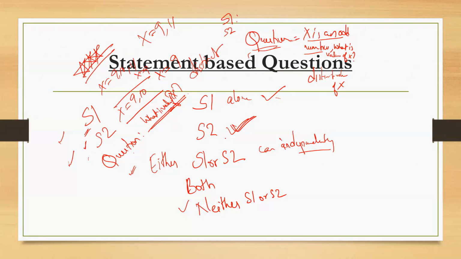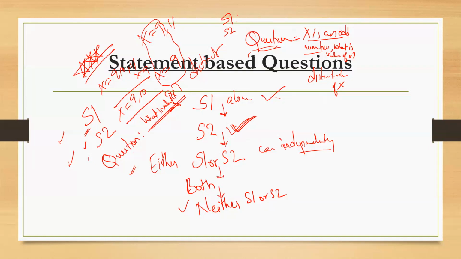Okay, there might be students who will say, sir, if we merge both of them, if I take both statement 1 and statement 2 together, still I will get what? The value of x as 9 itself, because there is only one value of x which satisfies both the statements. But that is the reason I am telling you, you should remember the order in which you have to select your answer.